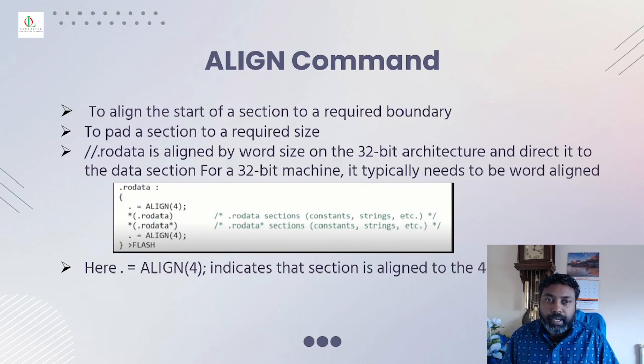Next we're going to learn about the ALIGN command. Again, it's a command, so its name has to be in capitals, to align the start of a section to a required boundary. That's what it does.